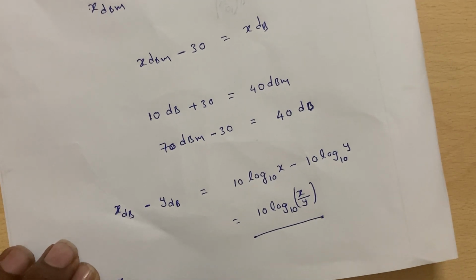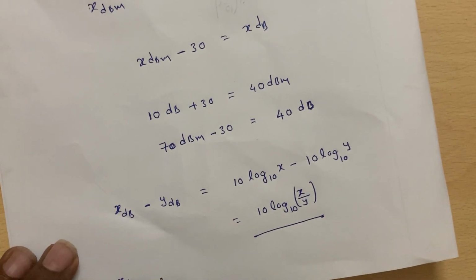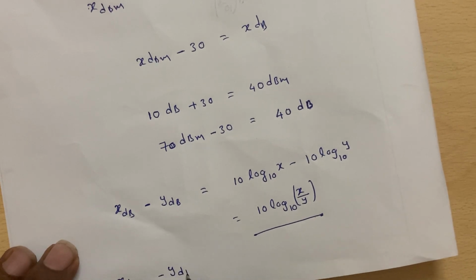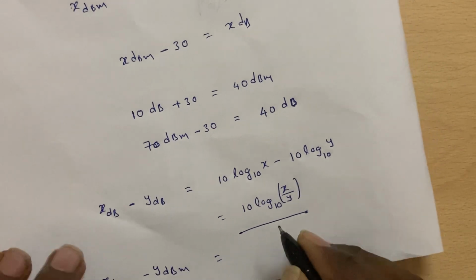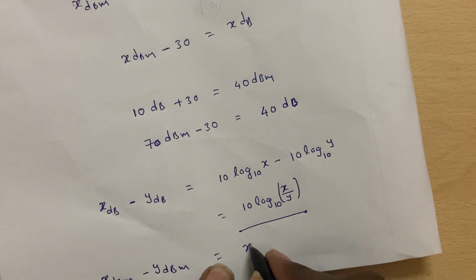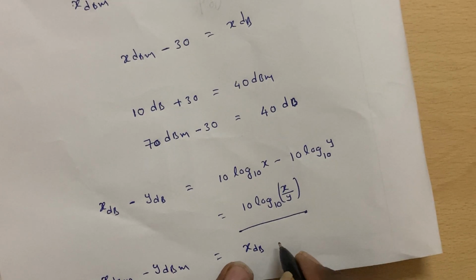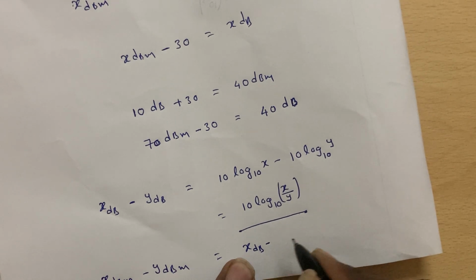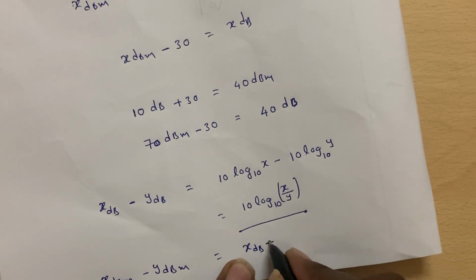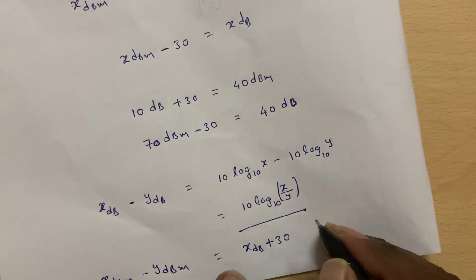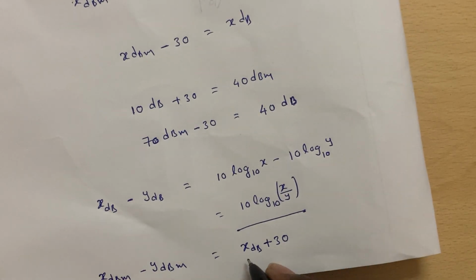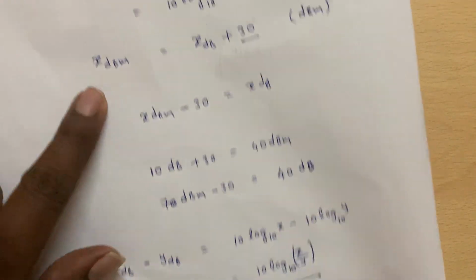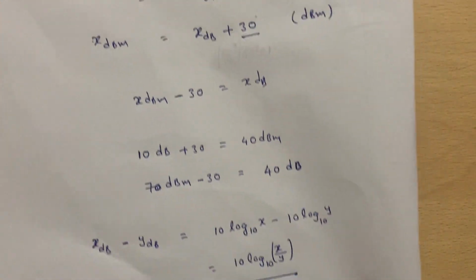Similarly, the difference between dBm values will also be in dB. How do you show this? x dBm you can write as x dB plus 30. Its dBm value is x dB plus 30.